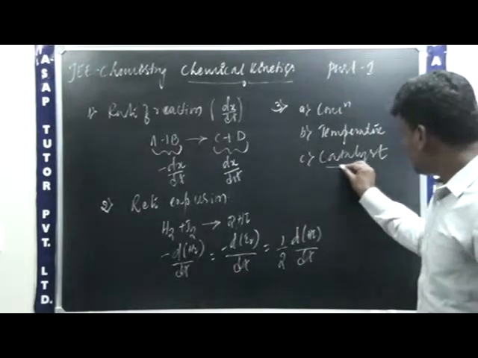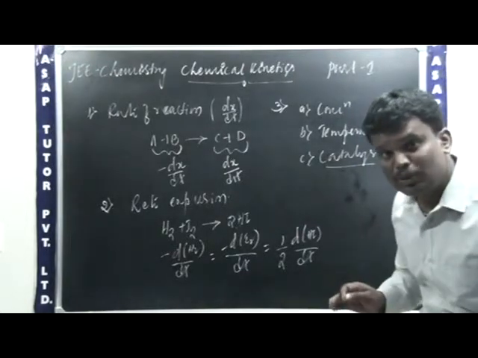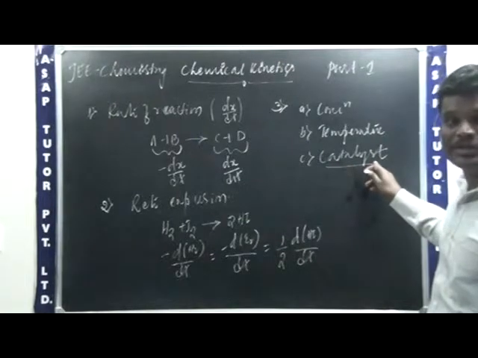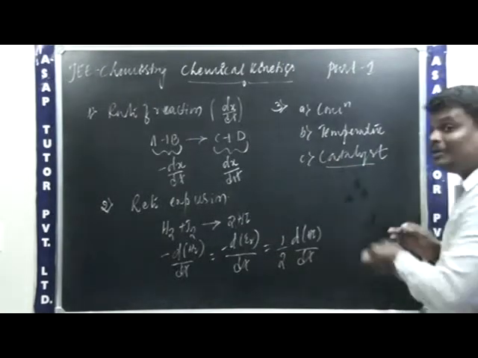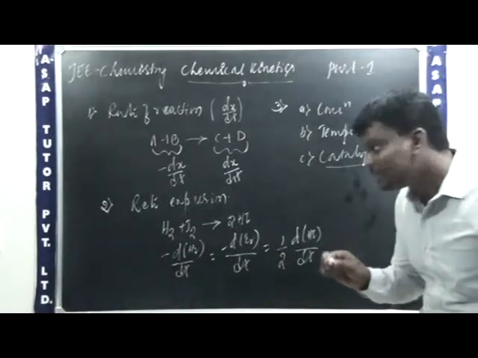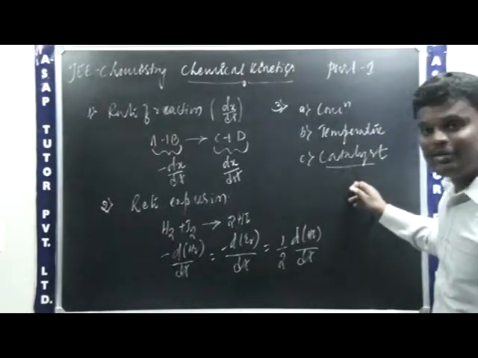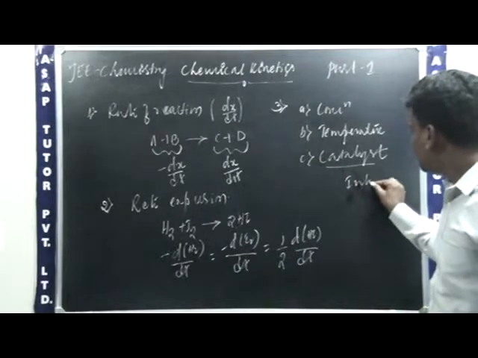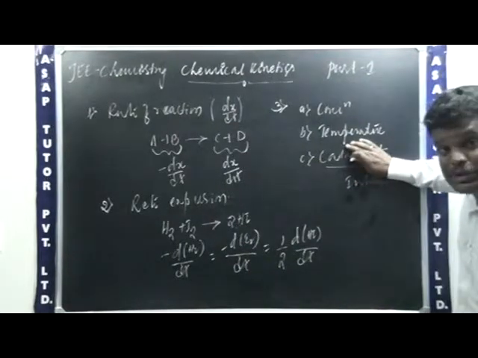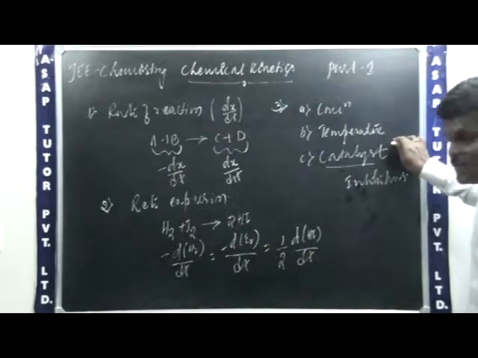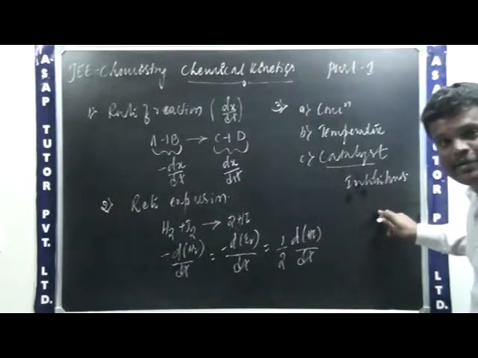A catalyst is a substance used to increase the rate of reaction. A substance used to decrease the rate of reaction is called an inhibitor. Therefore, a catalyst is used only to increase the rate of reaction.